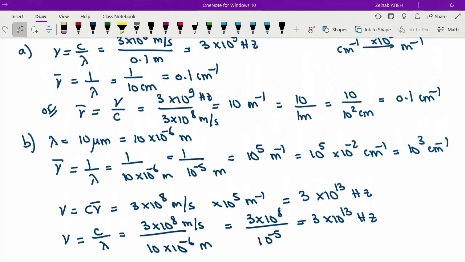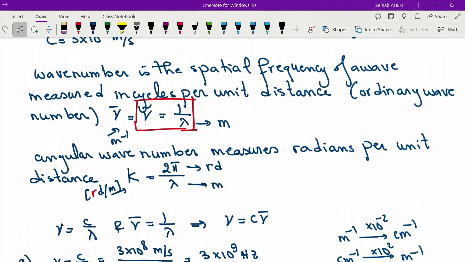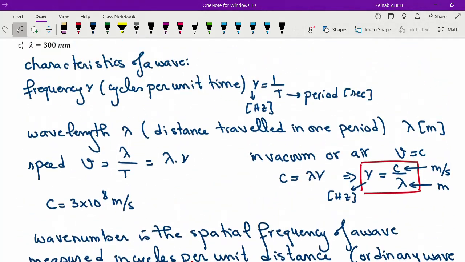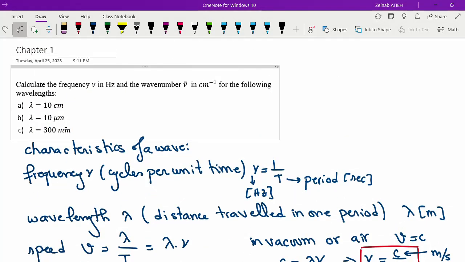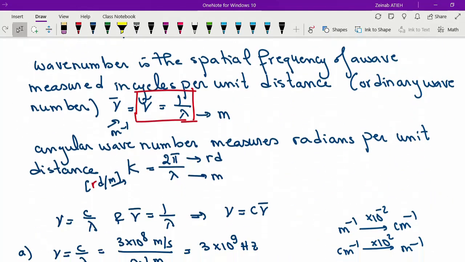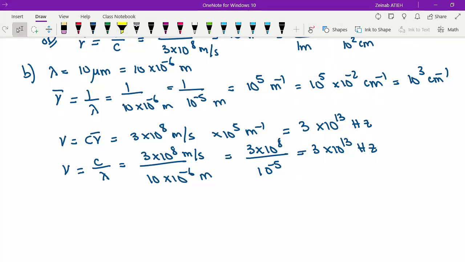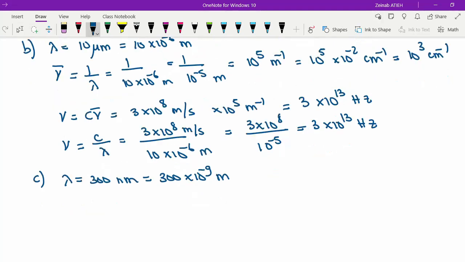For the last part, lambda is given to be, this one must be nanometer, so it's 300 nanometer. So I'll give you the answers, you can do it on your own. So this is lambda equals 300 nanometer, which is equal to 300 times 10 to the power minus 9 meter. Now I have already calculated the wave number.